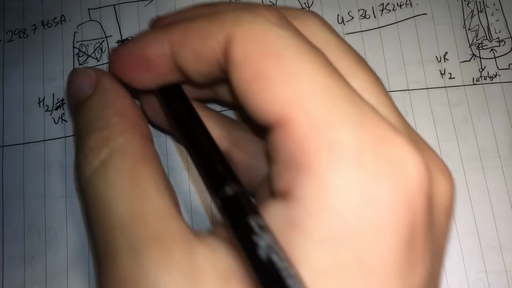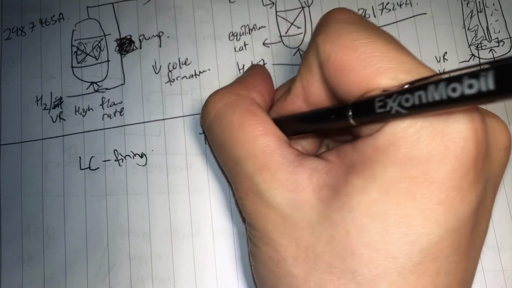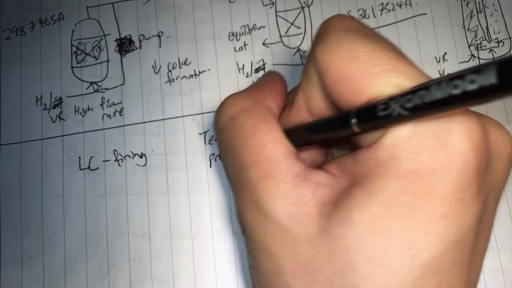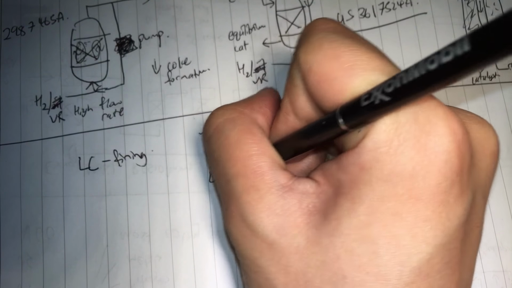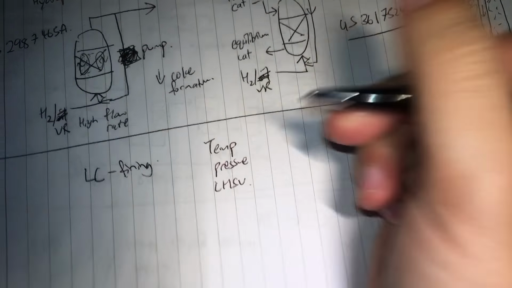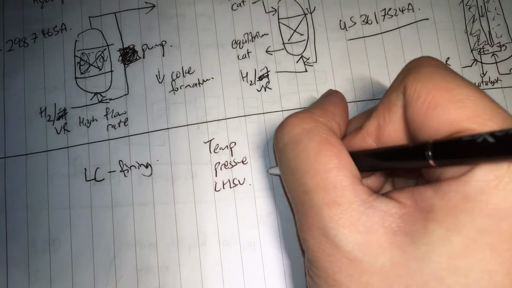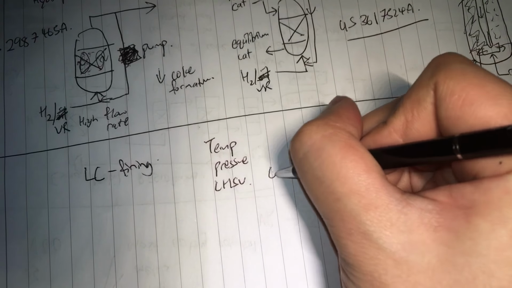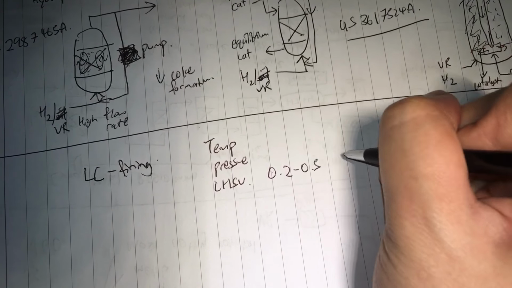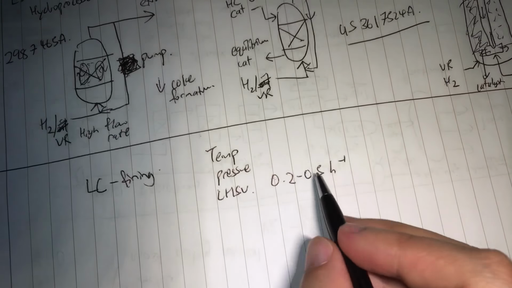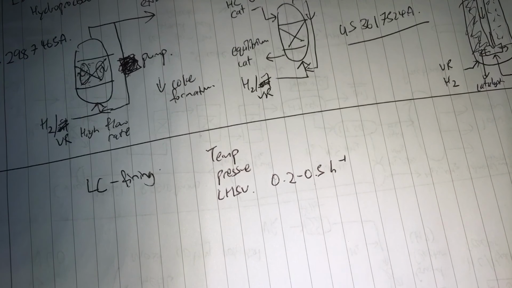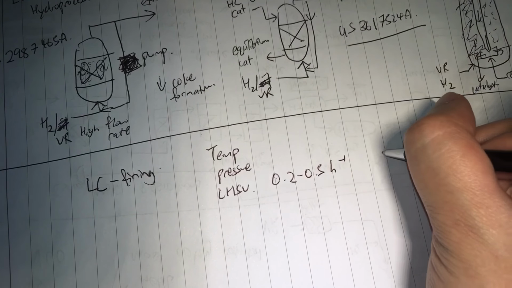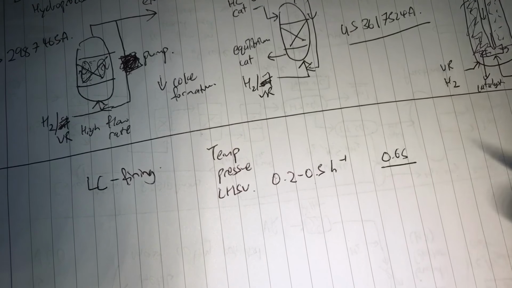And what's the typical temperature, pressure, and liquid hourly space velocity? So for this, the liquid hourly space velocity is 0.2 to 0.5. It stays there even longer than in a hydrocracking reactor. Hydrocracking can be about 0.65.